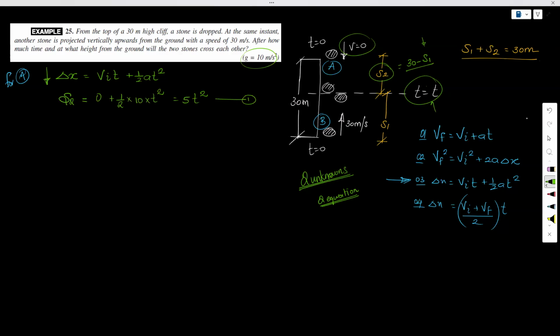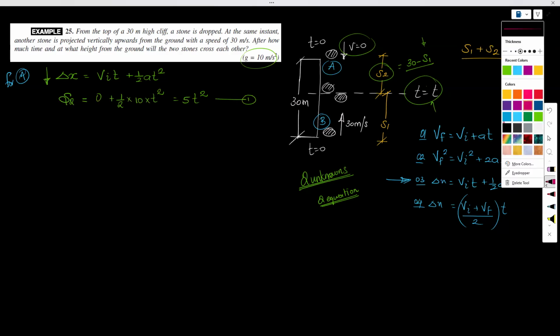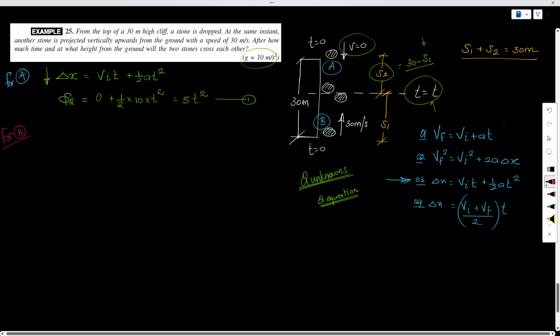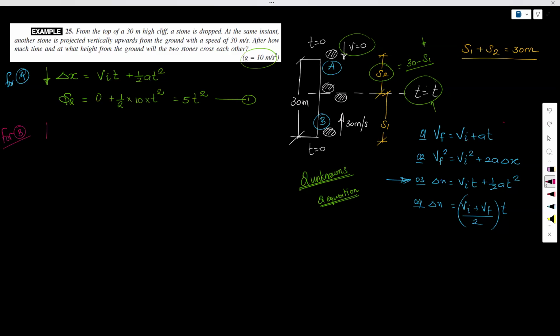The second equation is for B, and I'm going to use the other direction for a change. So delta x equals Vi t plus half At squared. The displacement is s1.